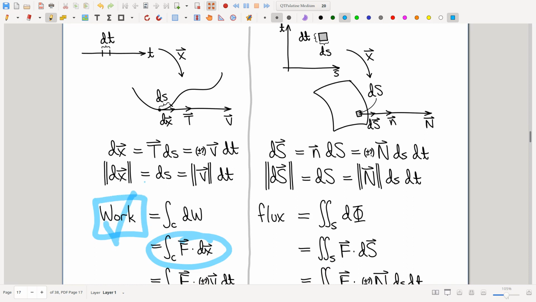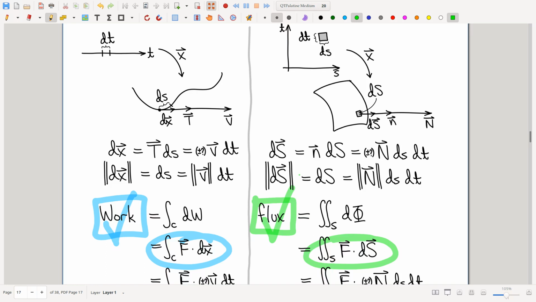That's where vector line integrals came from for us. And if you look, on the other hand, at where vector surface integrals came from, well, it came from this physical quantity called flux, which really isn't work, is it? It's a really different physical thing. We were looking at two very different physics problems.